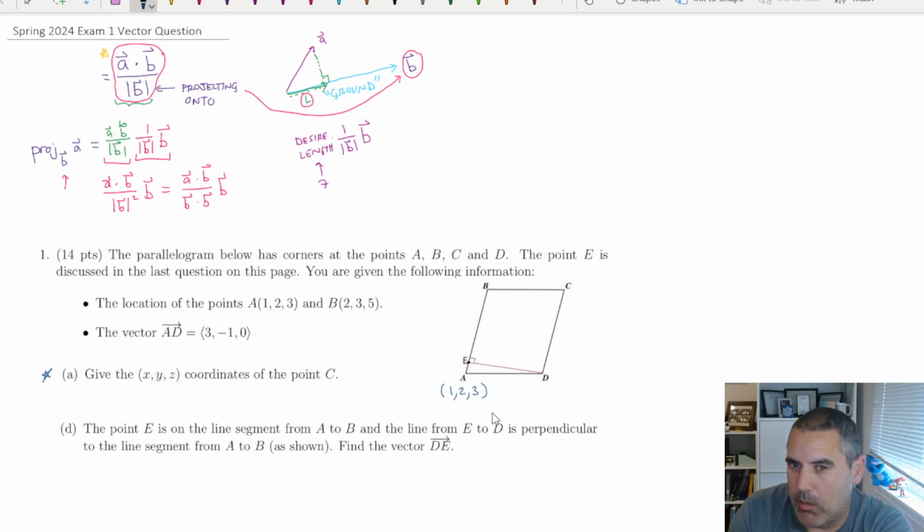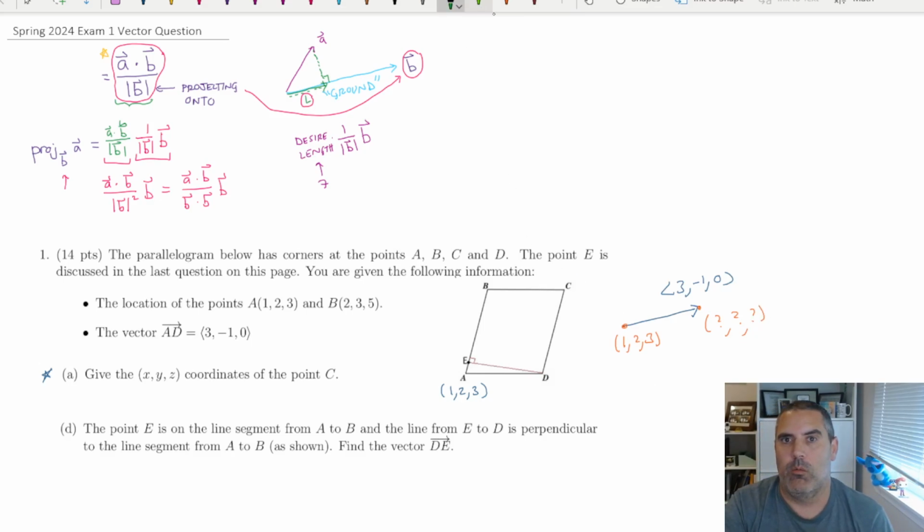So this is a common thing I see students get confused on. If I hand you a vector and I tell you the vector is (3, -1, 0), and I tell you that the tail of the vector is at (1, 2, 3), then you automatically know this point. The truth is, if you know any two of those things, you know the other thing. Why is that? Because a vector represents the changes.